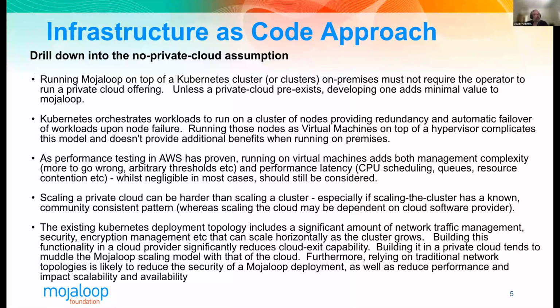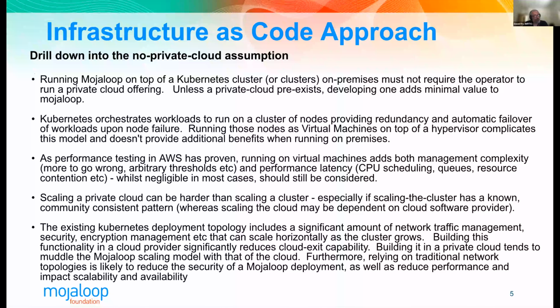And so there's a lot of overhead to maintaining those services for minimal gain if you're not running a private cloud already. So to be clear, if an operator is already running private cloud services, we're not saying they shouldn't run Mojaloop on top of those. That's definitely a valid use case.